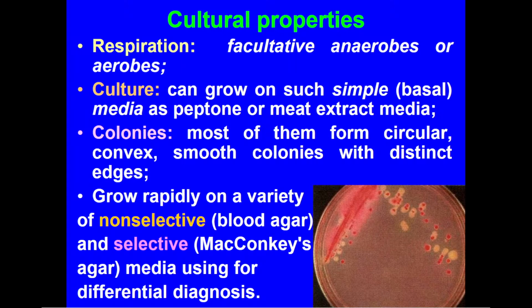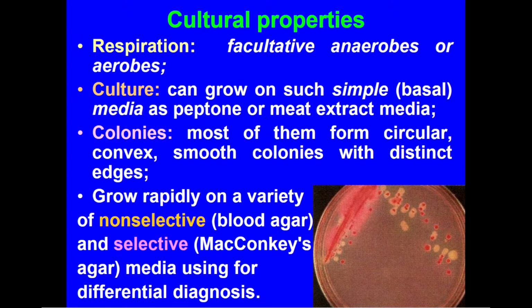Here we have the inhibiting component, usually taurocholate or bile salts, that Enterobacteriaceae can stand, or some of them like Salmonella even like. But gram-positive bacteria cannot stand it, so they won't grow here.